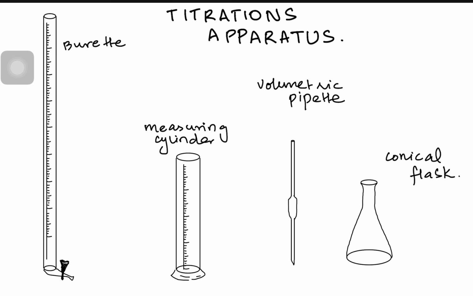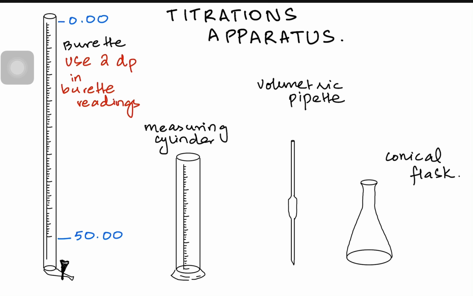A burette starts from the value of 0.00 and ends at a value of 50.00. Make sure you always use two decimal places in burette readings. It's very important because a burette is accurate to the nearest 0.05 centimeter cube.